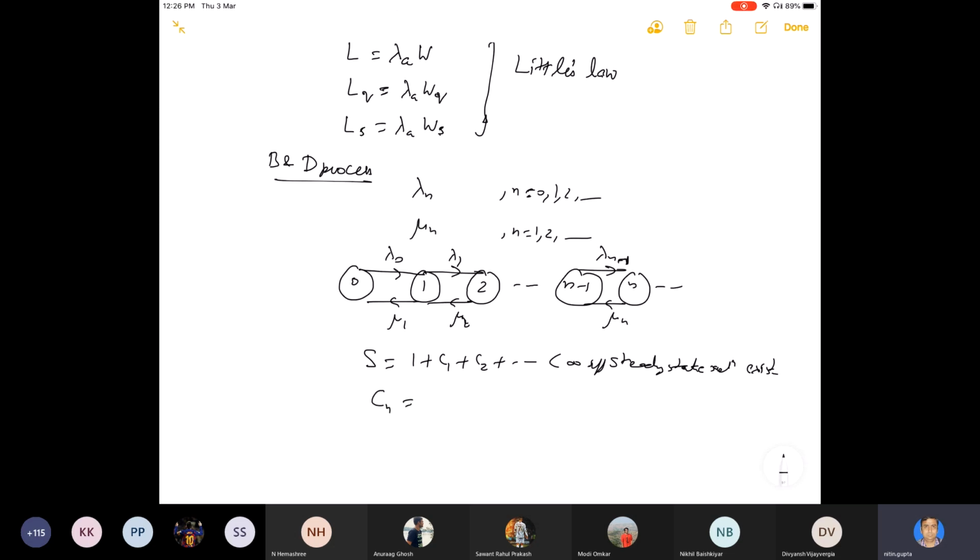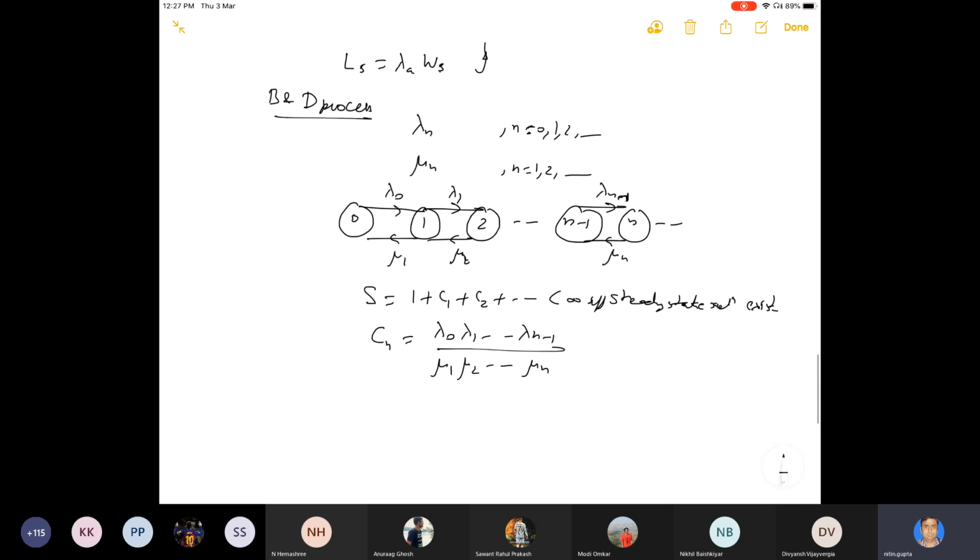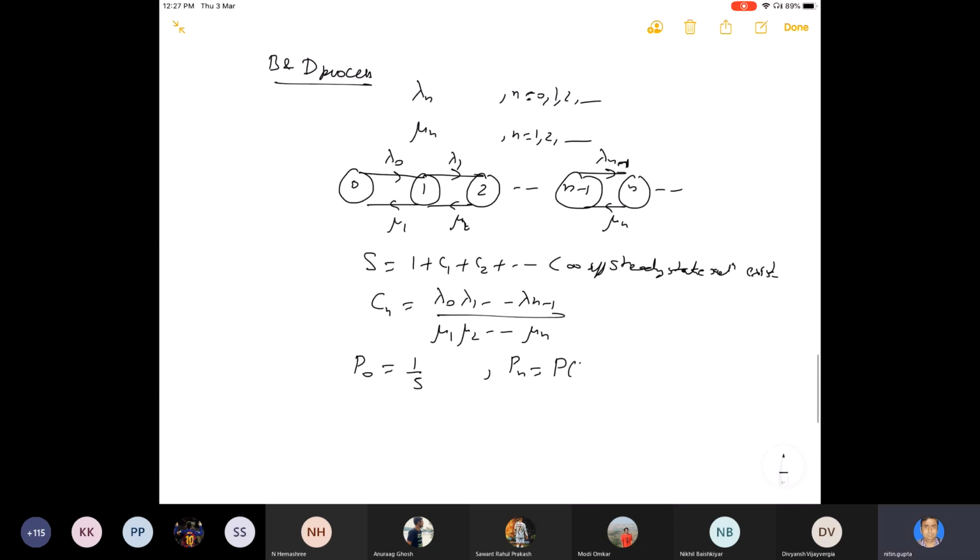Also we know that Cn is lambda naught, lambda 1, lambda n minus 1 divided by mu 1, mu 2, mu n, and P naught is 1 by S, and Pn, the probability that the number in the system is n, is Cn P naught, n is 1, 2, 3, and so on.